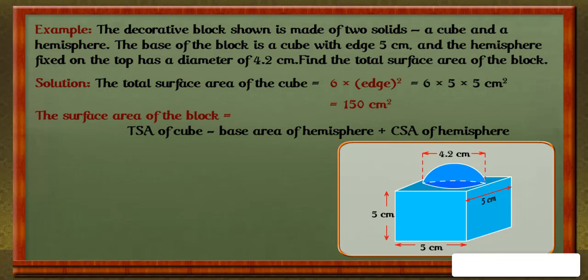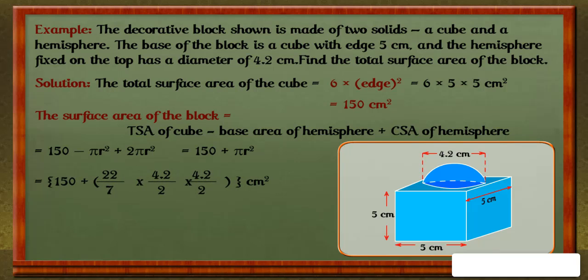So, the surface area of the block is equal to TSA of cube minus base area of hemisphere plus CSA of hemisphere, which is equal to 150 minus pi r square plus 2 pi r square, which is equal to 150 plus pi r square, which is equal to 150 plus 22 by 7 into 4.2 by 2 into 4.2 by 2 centimeter square.